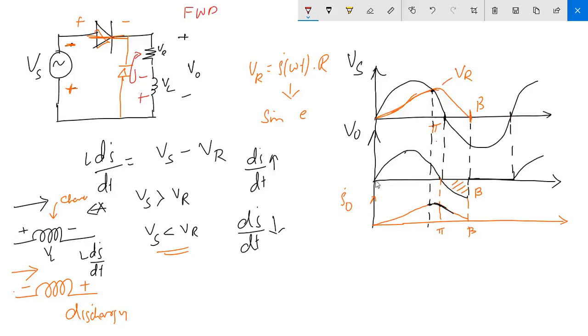Because of this, the cycle from 0 to pi remains the same, but from pi to beta your output voltage is shorted. Because your freewheeling diode starts conducting, it is in forward condition, and your main diode is in off condition. So what happens to the voltage?